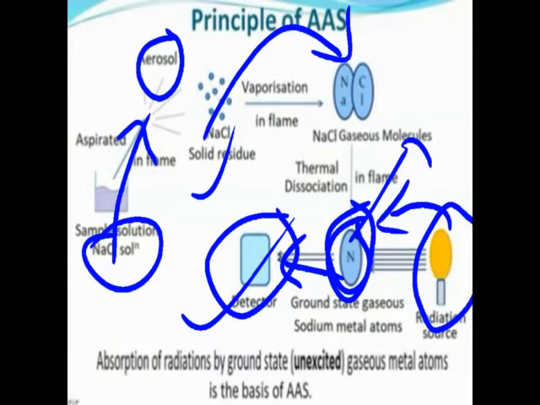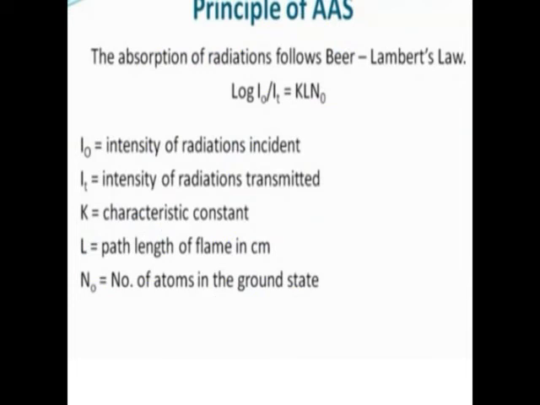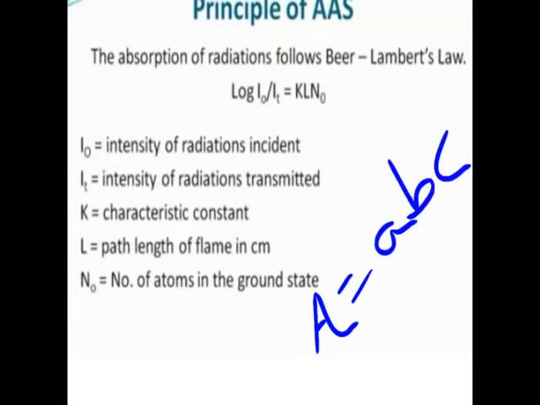Just a modification is there in the Beer-Lambert law. In UV-visible, A is equal to abc. What is A? A is the absorbance, which is log of I0 upon It. So in atomic absorption spectroscopy, the absorbance is equal to log of I0 upon It.